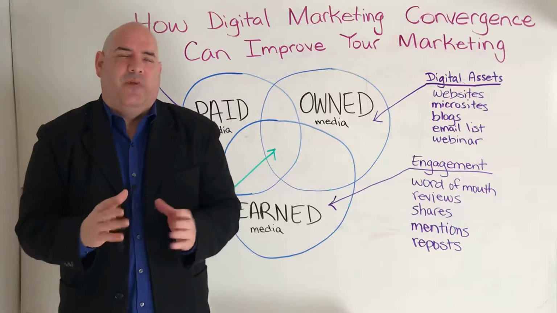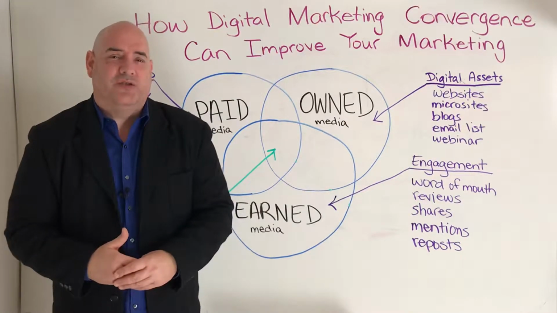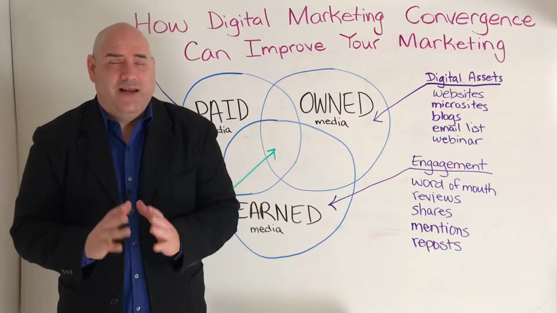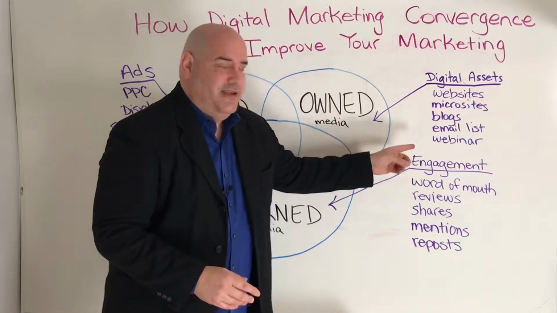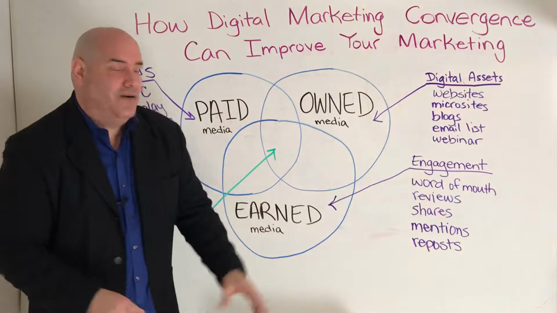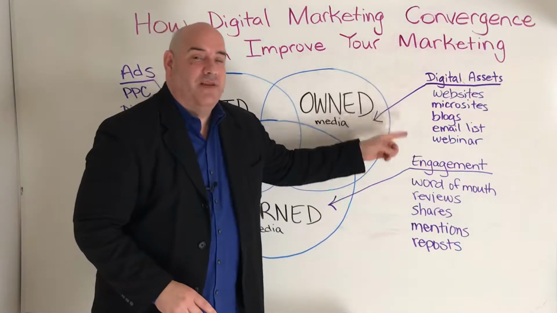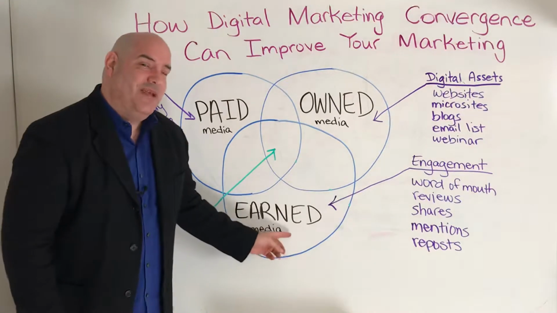It's probably about a product demo where a company tries to sell you their particular product or service. That's a webinar. In either case, you own that. So your business owns all of these. That is owned media. If you're engaging in any type of marketing that involves any one of these, that is owned media.